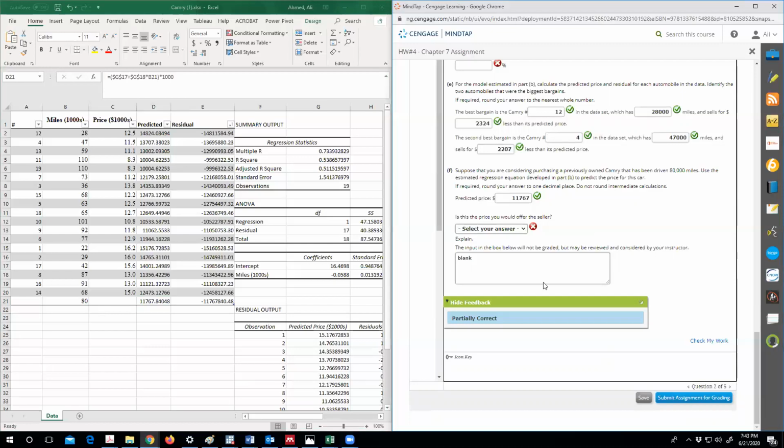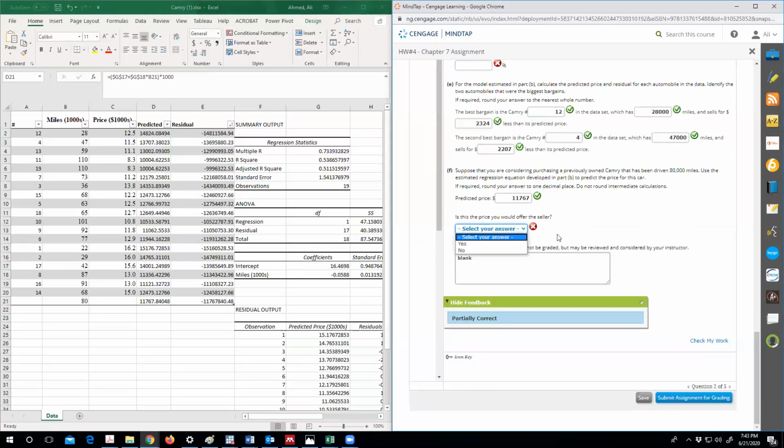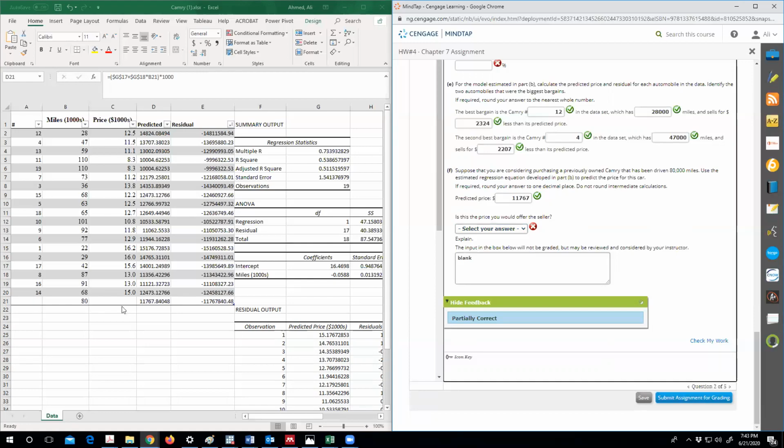So is this the price you would offer the seller? What do you think? What's the predicted price? Because the thing is we don't have the prediction for it.